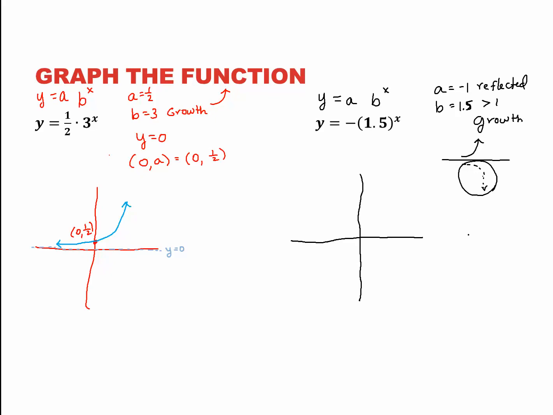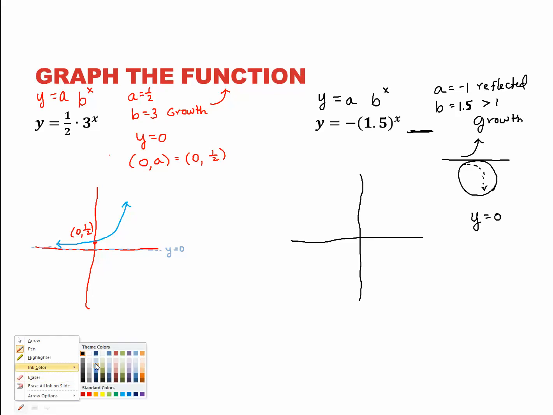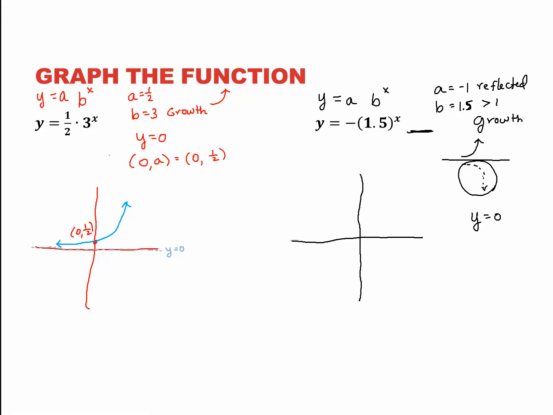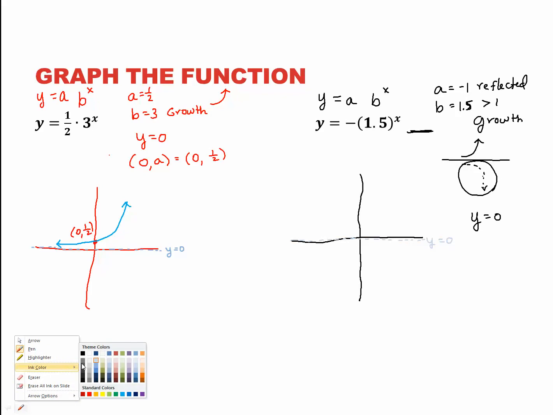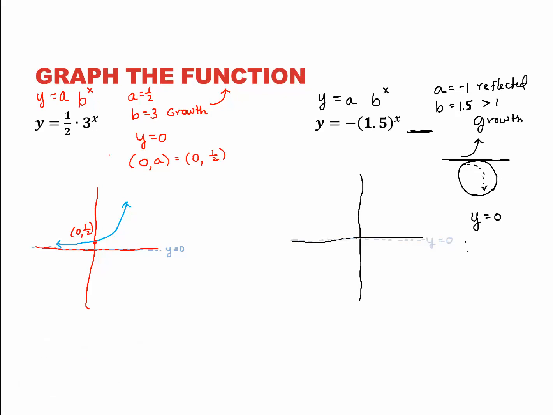All right, and then we ask ourselves, where's the asymptote happening? Well, do we have a k value? No, so it's happening at y equals 0. Then we're asking ourselves, where is it crossing? So we know it crosses at 0, a. What's the a value? -1.